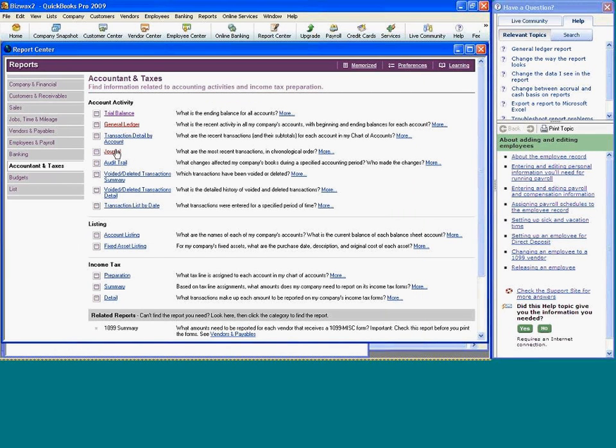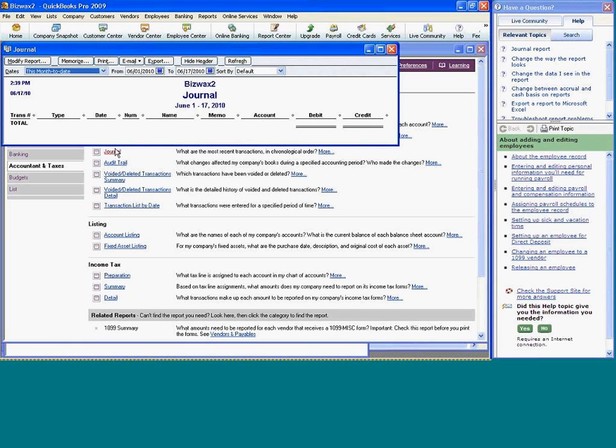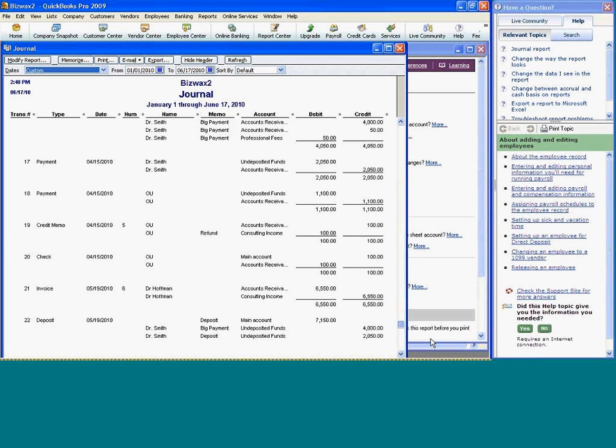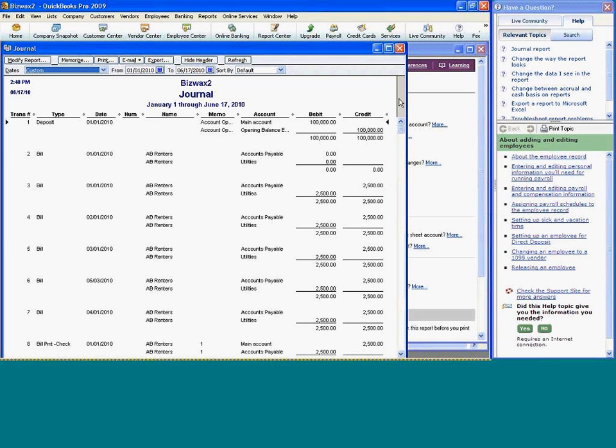And then we have the journal, which has from the beginning of the year, we have the whole year journals, the expenses, the income, etc., the refund, etc. So that's the journal of everything that happened in the company.